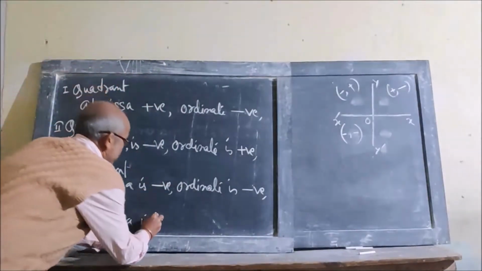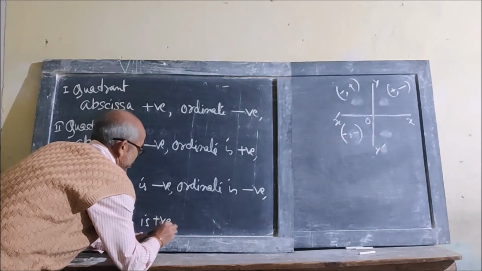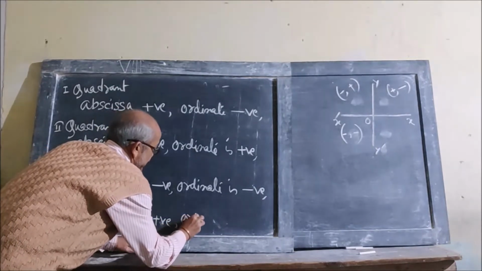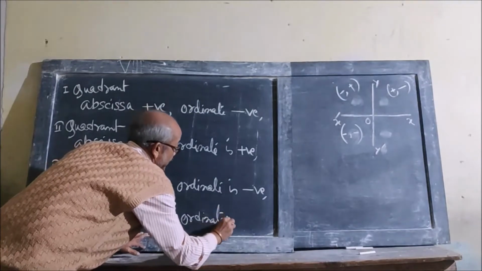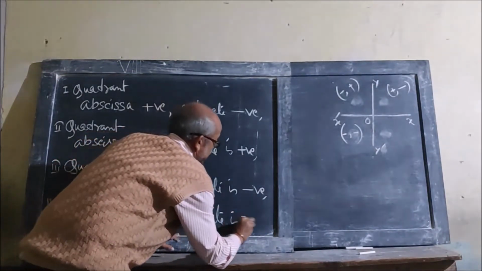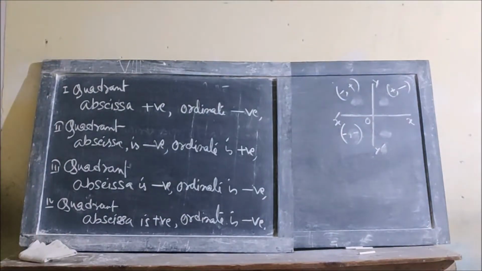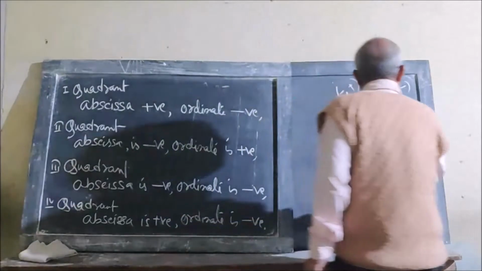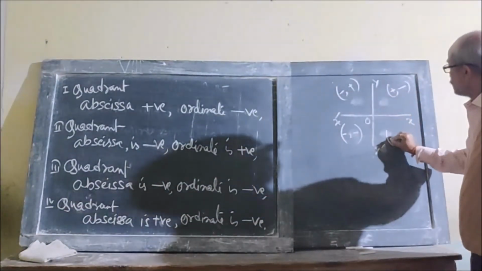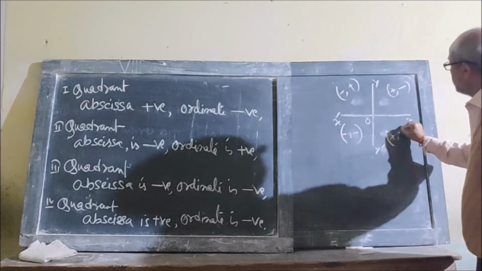So the abscissa is positive, and the ordinate is negative. So here, the first one is positive and the second is negative.